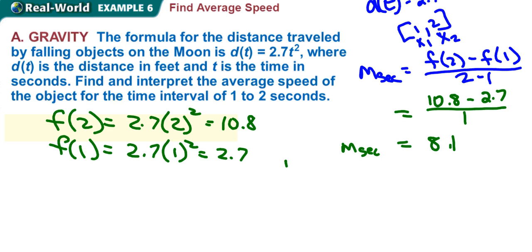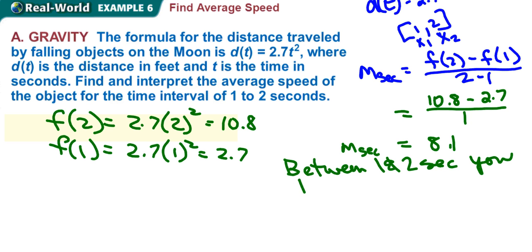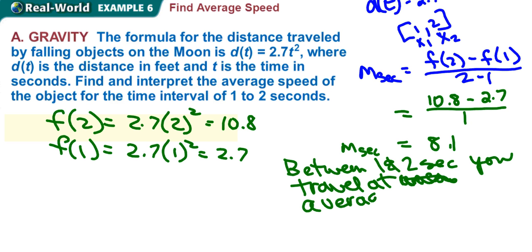So between 1 and 2 seconds, you travel at an average rate of 8.1 feet per second.